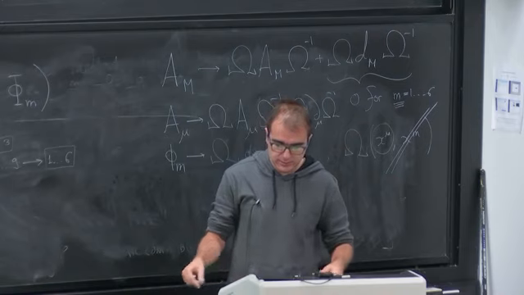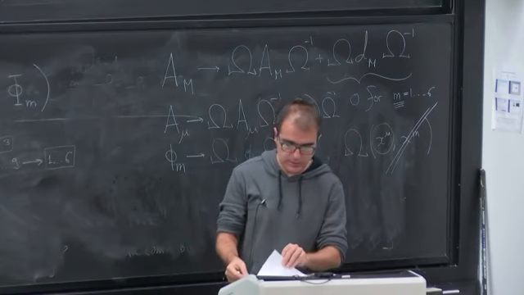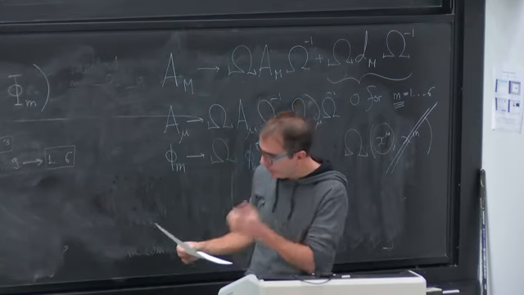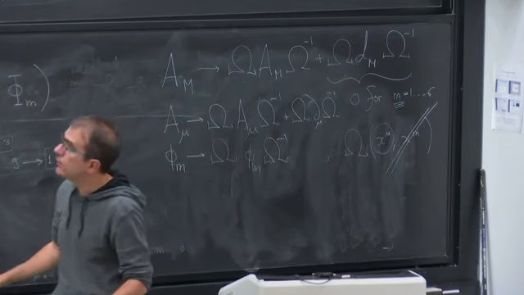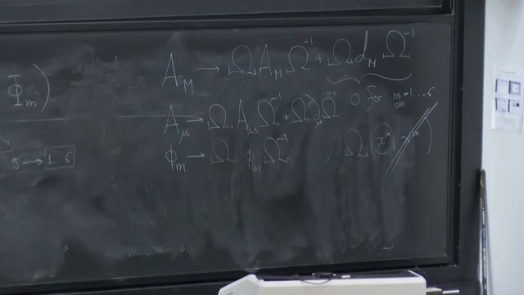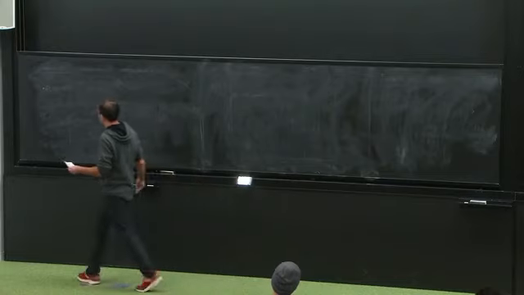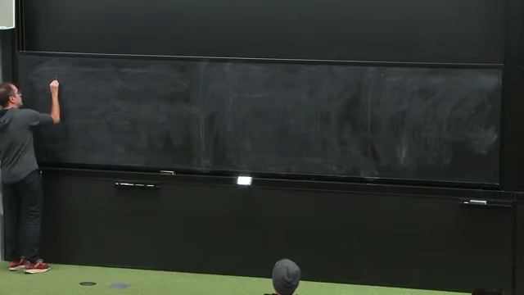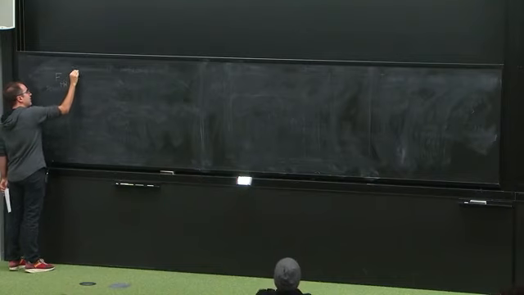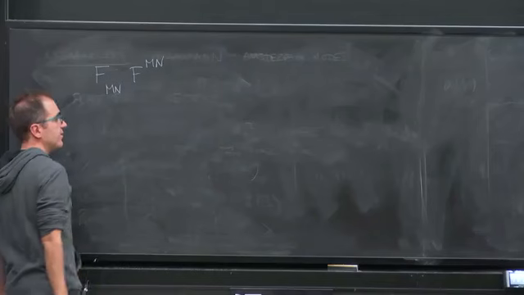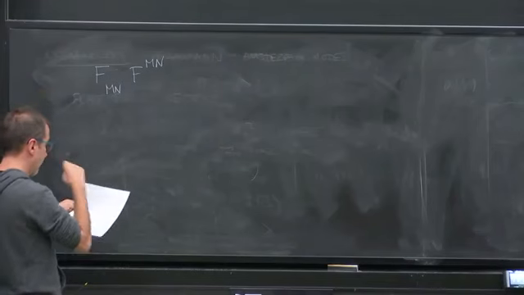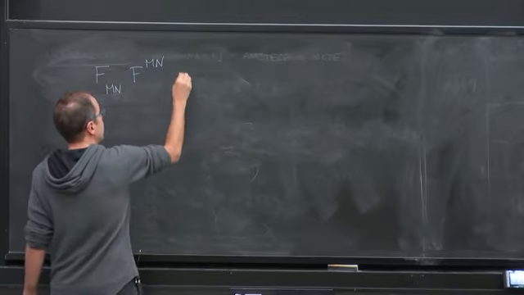Indeed, if we write the trace of F_MN squared, what would this F_MN become?